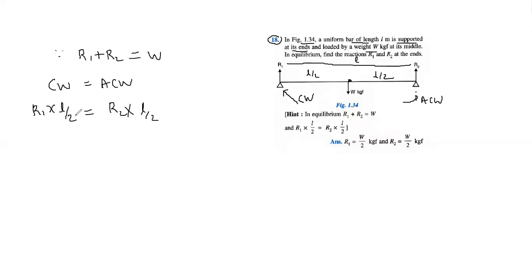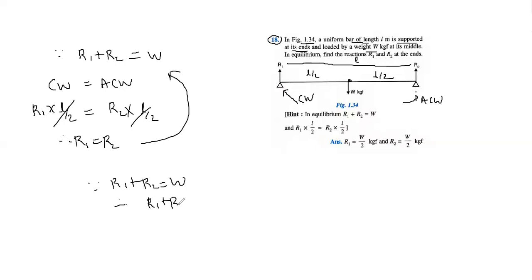L by 2 gets cancelled. Therefore, R1 equals R2. When we substitute this, since R1 plus R2 was equal to W, we get R1 plus R1 equals W. So R1 equals W by 2, which is equal to R2. And that was our answer, right?